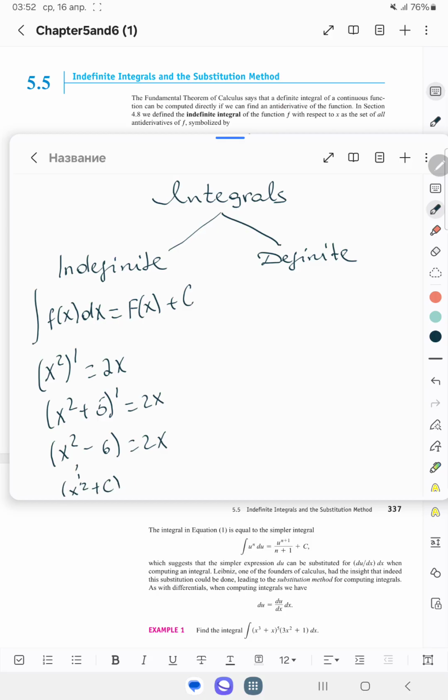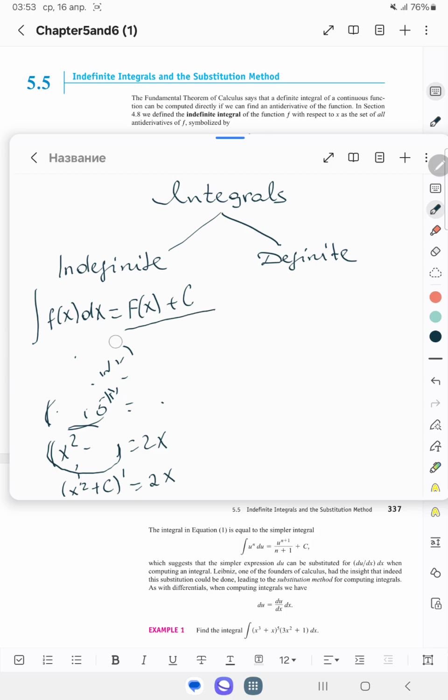Meaning x squared plus c derivative is 2x. It means that when we take antiderivative of 2x, meaning the indefinite integral of 2x, we cannot just write x squared because it can be x squared, it can be x squared plus 5, it can be x squared minus 6, but we don't know. We are not sure. There is nothing definite here. That's why we say it's indefinite, and that's why we should write plus c here.